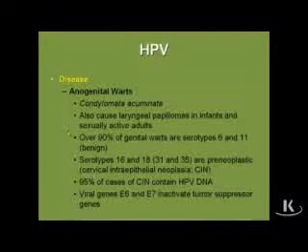Now, what you have to remember is I told you that you had to know the serotypes for the genital warts. Serotypes 6 and 11 are the most common serotypes of HPV that cause genital infections, 6 and 11. However, serotypes 16 and 18, and to a lesser extent 31 and 35, are the serotypes associated with cervical cancer.